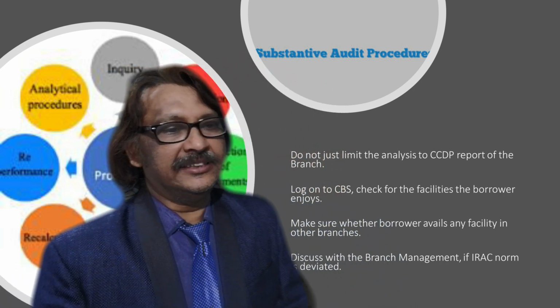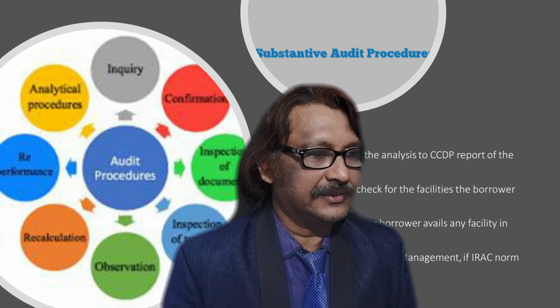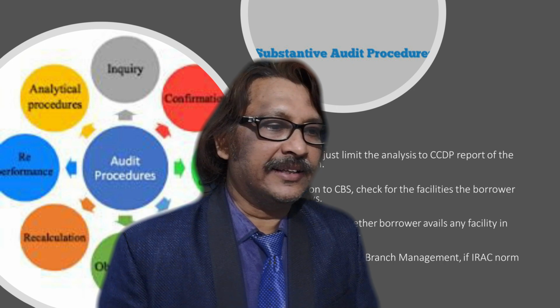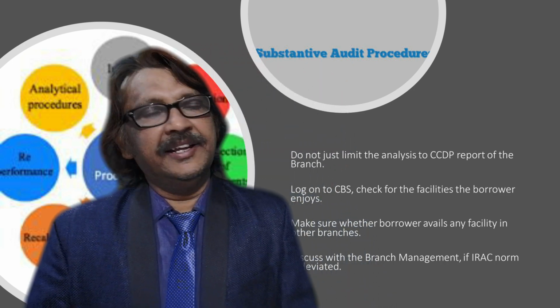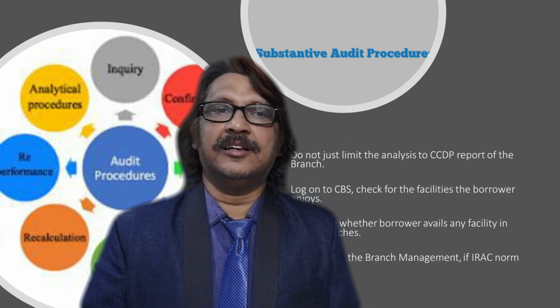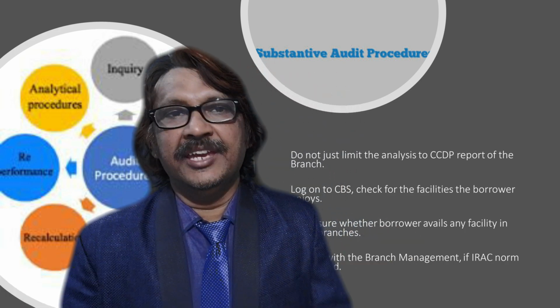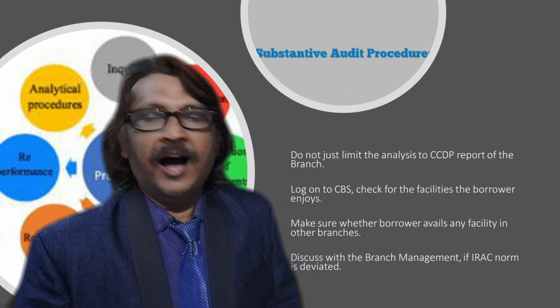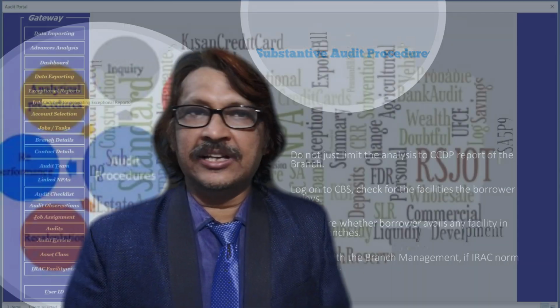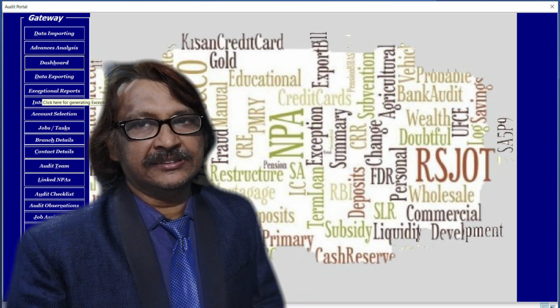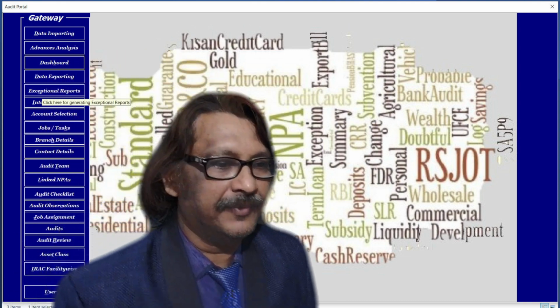Now let us apply the substantive audit procedures. As far as identification and the impact analysis are concerned, it is as easy as rolling off a log. I tell you, it is as easy as ABC. All that you have to do is to install my application into your system. Here is my application. It is an offline utility.